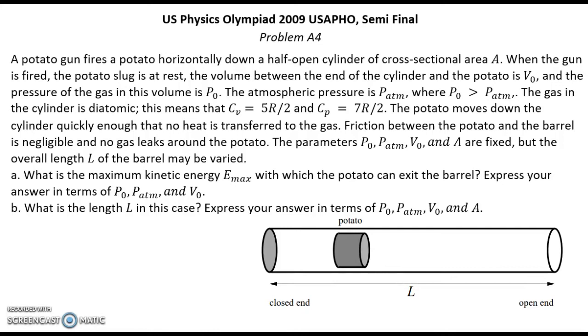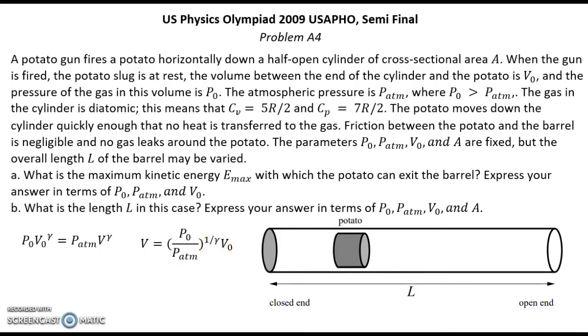So we have this equation: P0 multiplied by V0 to the power gamma equals P atmosphere multiplied by V to the power gamma. And from here we can find the final volume. That's this one.